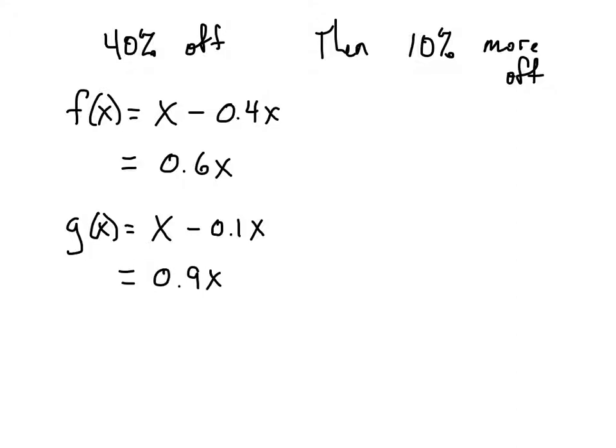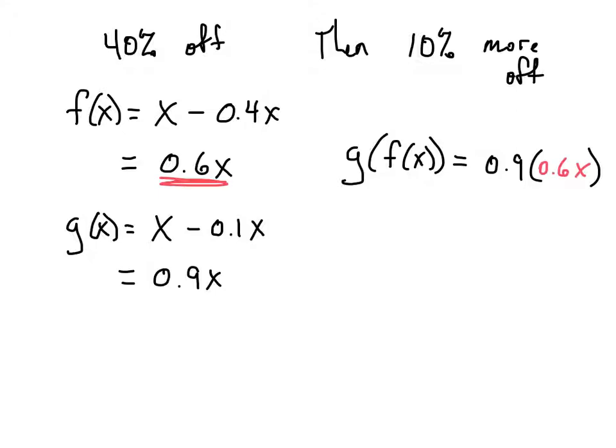So to find g of f of x, I take my g of x function and I'm going to substitute my f of x function into it. Okay? Because remember, the inside function gets done first. The inside function gets calculated first, then the outside function gets calculated.